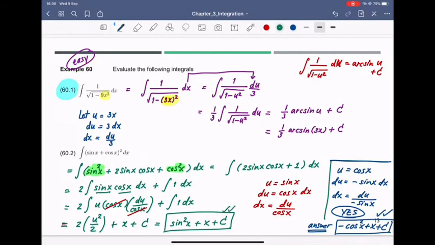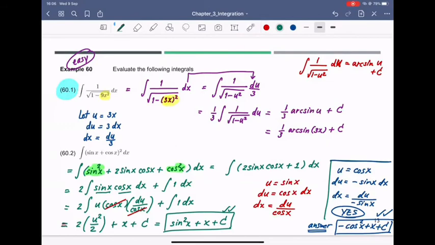Both of them are correct because sine square equals 1 minus cosine square x. That means you can switch these two answers back and forth. They are the same answer because we have an arbitrary constant. Does it make sense? So when you do the examples, exam or homework, and you check the answer with your friends, and you get different answers, it is possible that both of you are correct.